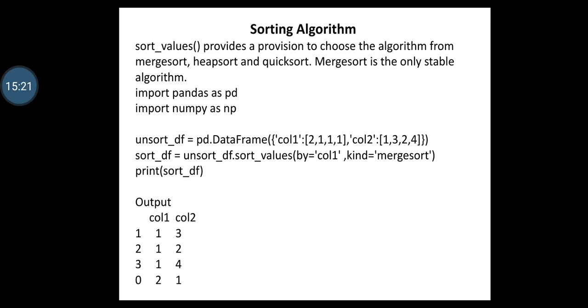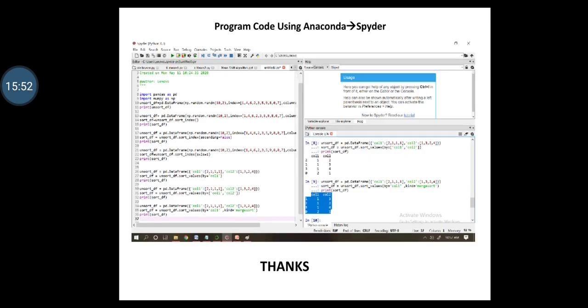You can notice that I am using the keyword by equal to column 1 and kind equal to merge sort. It means the data is sorted using merge sort, so I am defining the output statement print sort_df, and after executing you can notice that merge sort is applied on our data structure defined in the dictionary-like structure. The data is sorted in the form of merge sort.